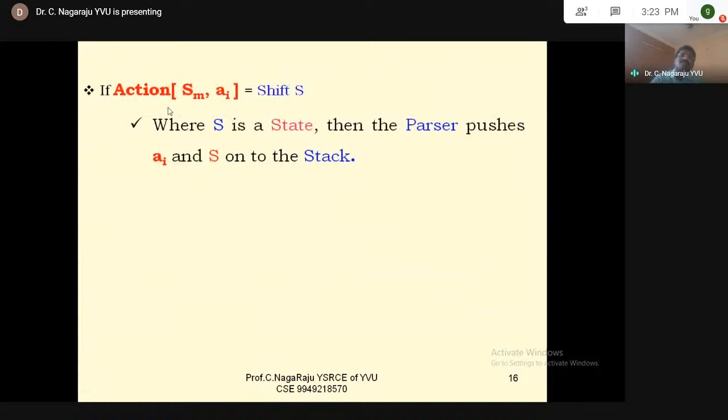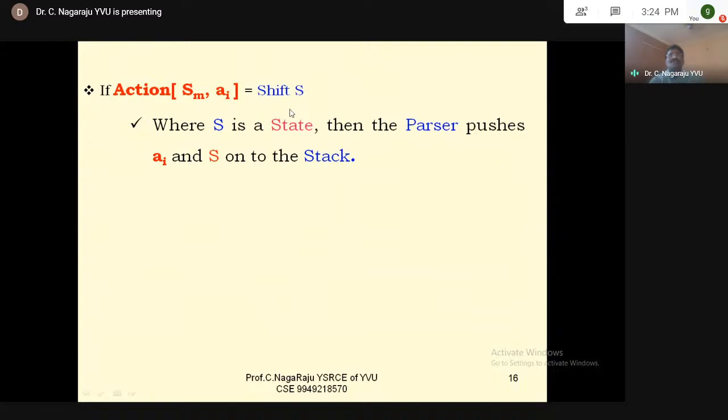For example, if action of SM comma AI, where SM is the top of the stack and AI is the input string character, is equal to shift S, where S is a state, then the parser pushes A and S onto the stack.